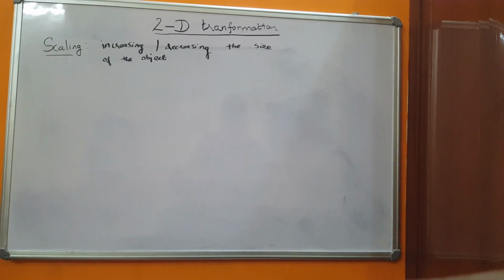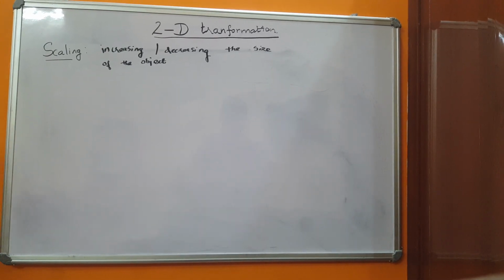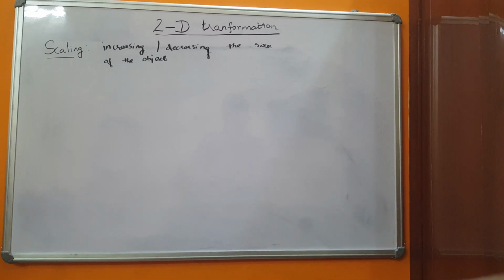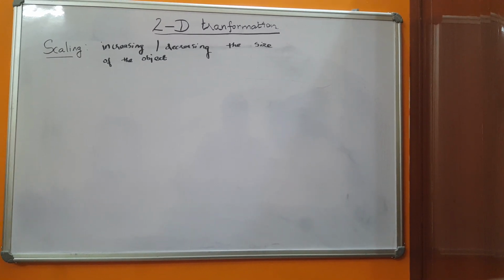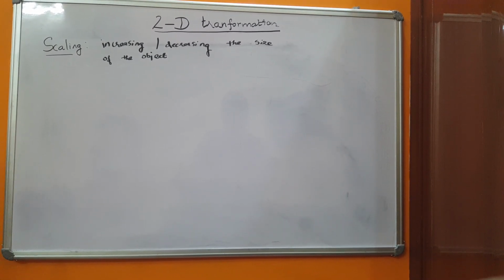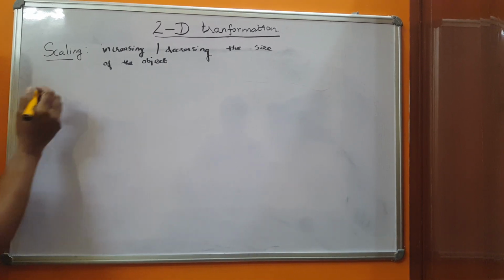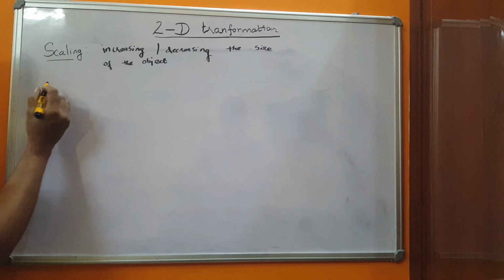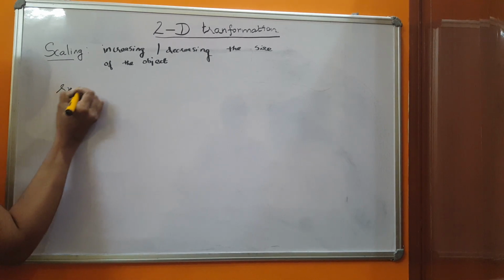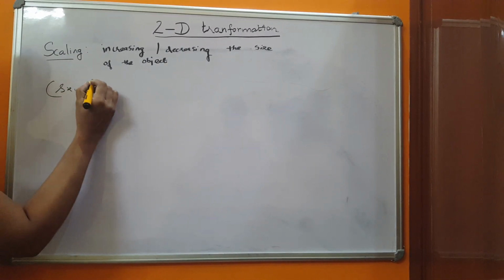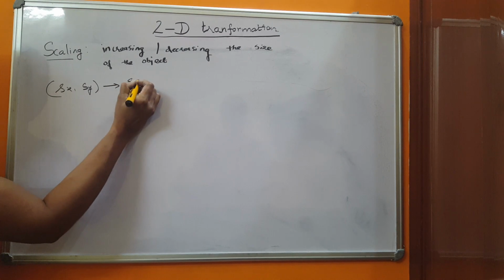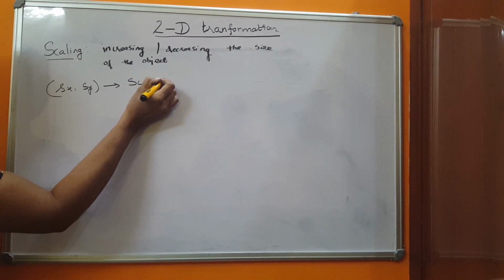So scaling means increasing the size or decreasing the size of the object. It is achieved by multiplying one value with original point. The scaling vector is Sx, Sy. It is called scaling vector.